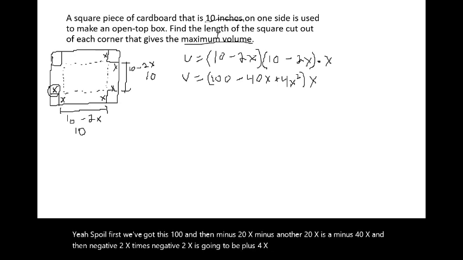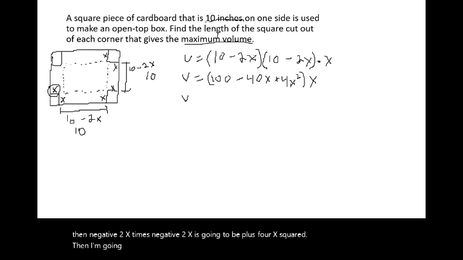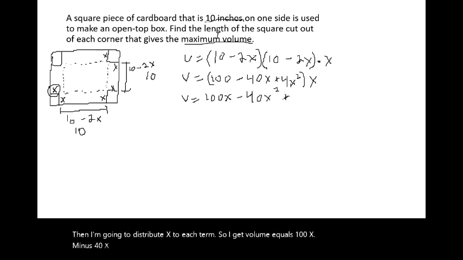Then I'm going to distribute x to each term, so I get volume equals 100x minus 40x squared plus 4x cubed.